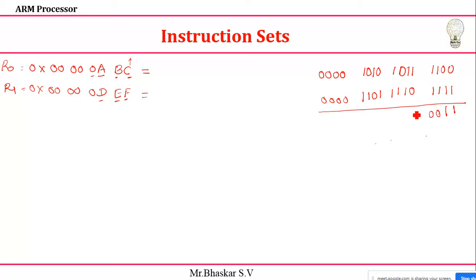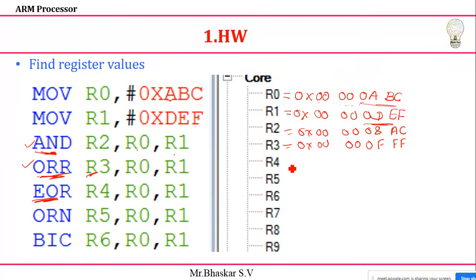Similarly, just tell me this value: 1, 0 1 0, next value 1110. Now you read: 7, this is 5, this is 3, so 753 only, right? The value I get is 0x00000753. This is my R4 value.